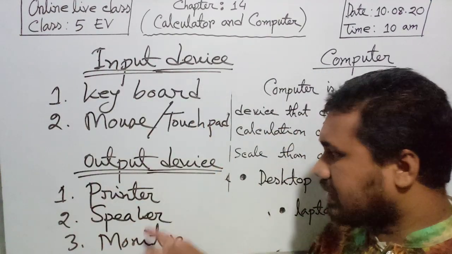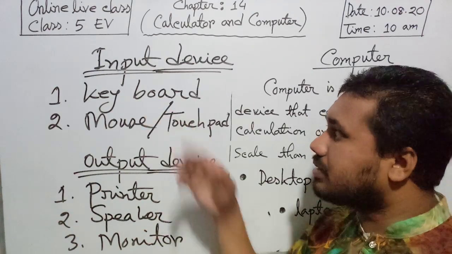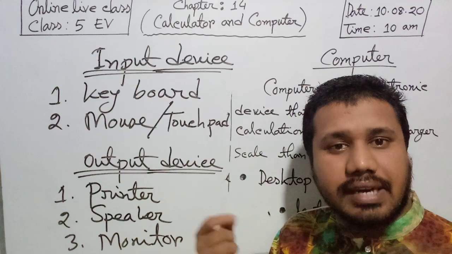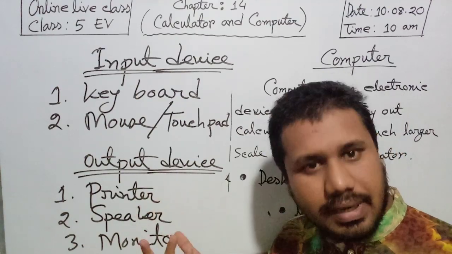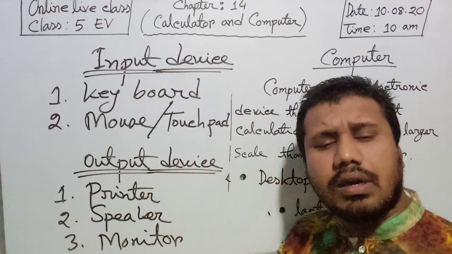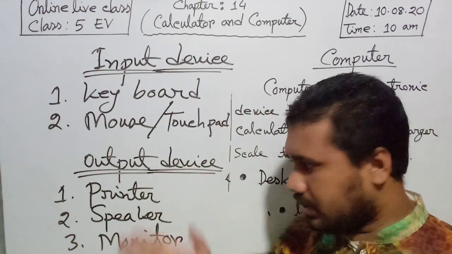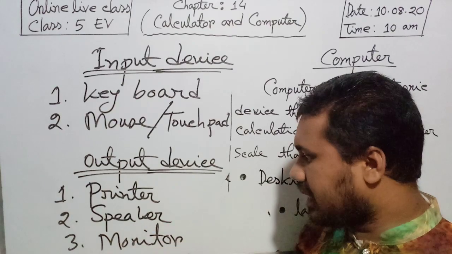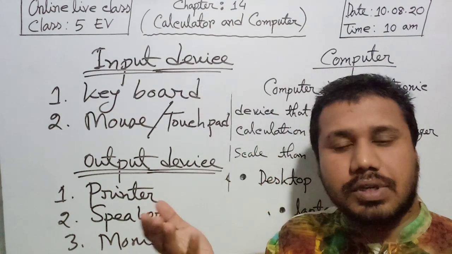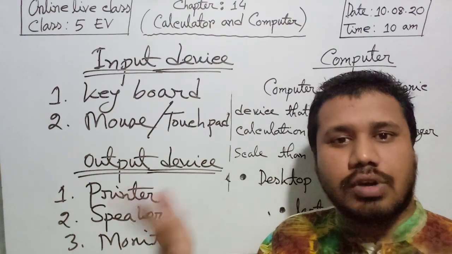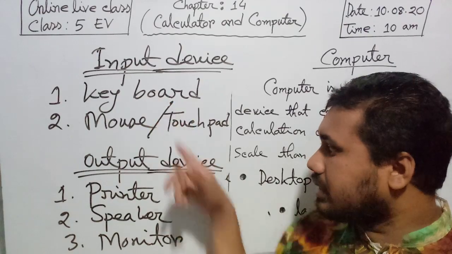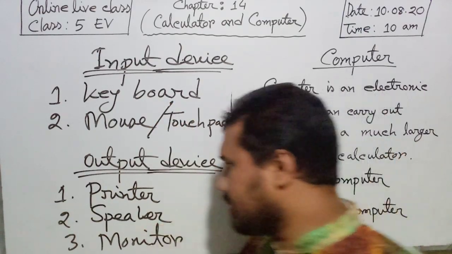So this is our output device and this is our input device. If your short question says to write the name of one or two input devices, or the name of one or two output devices, then you have to write any one: printer, speaker, monitor. And you can say a pen drive is used for input devices and also output devices, both. A CD you can use as an input device and also an output device.